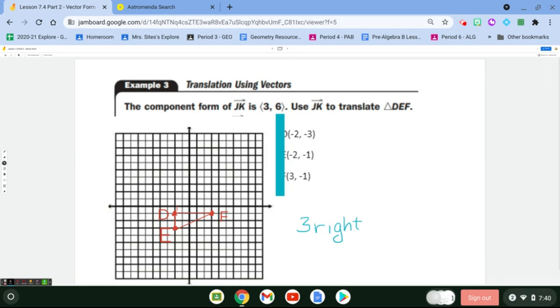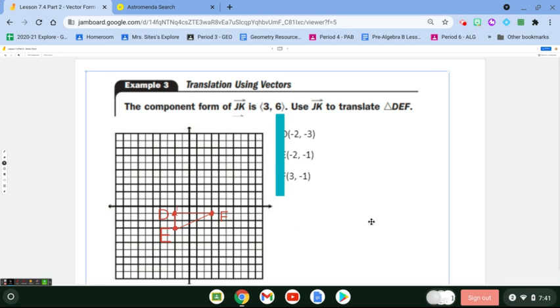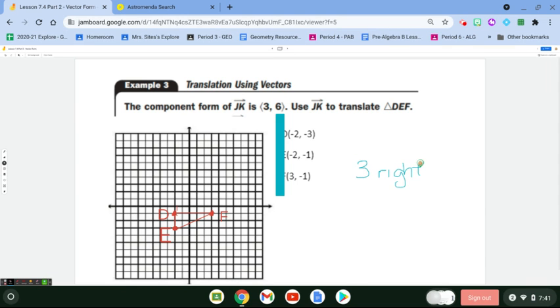Okay, so that would mean that this would be 3 units to the right, and this would be 6 units up.